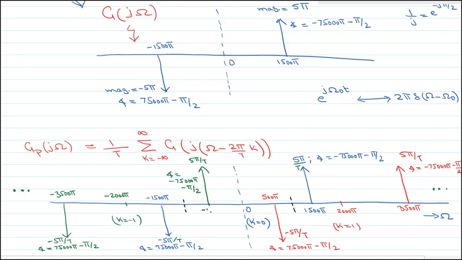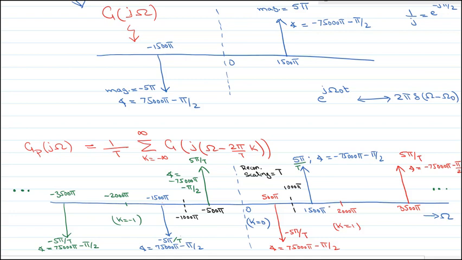Okay. It's going to basically block everything outside the minus 1000 pi to 1000 pi region, and it's going to scale everything within this region by t.